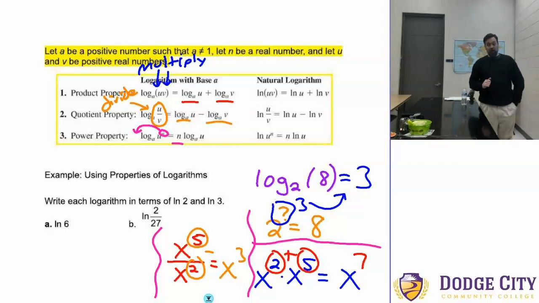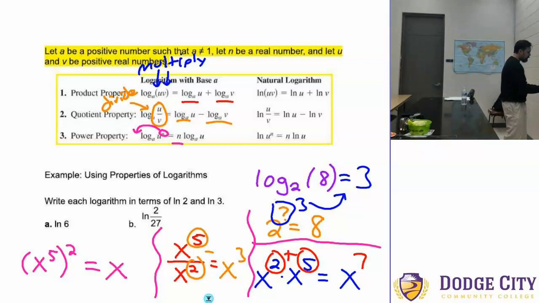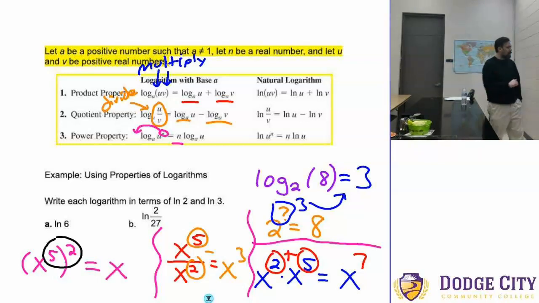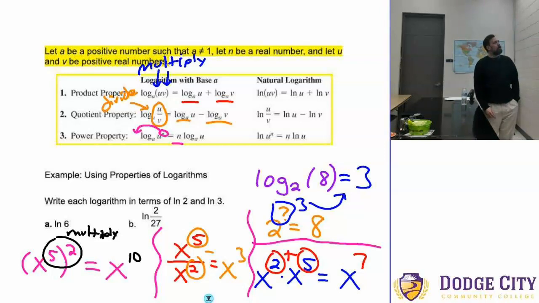Why does that property work the way it does? It's the property of when you raise one power to another power. So x to the fifth power raised to the second power. What is that going to equal? Well, if we are raising one power to another power, we multiply those exponents together. And we get x to the 10th power. And that's what's happening in this example.